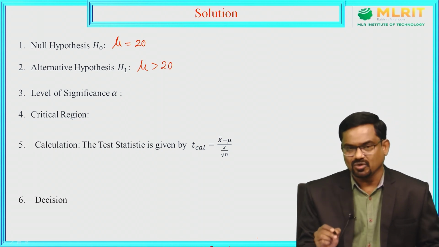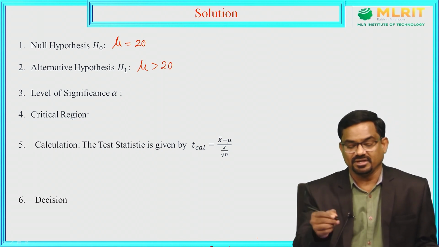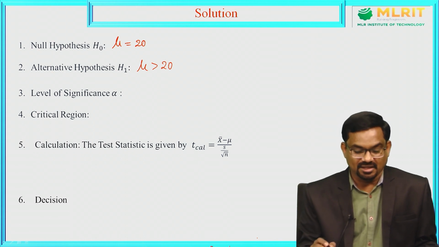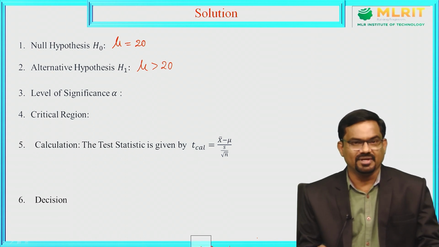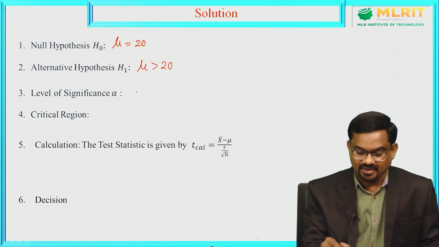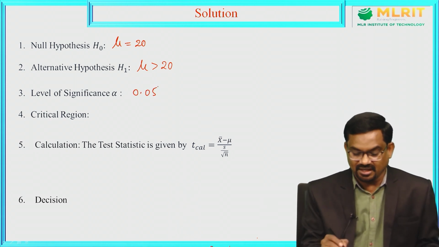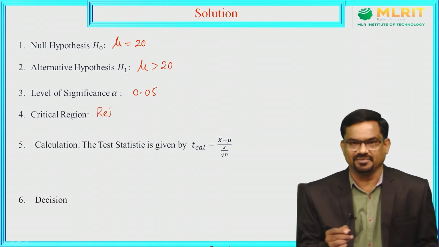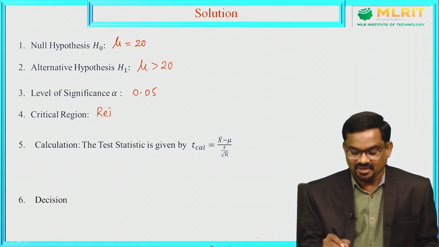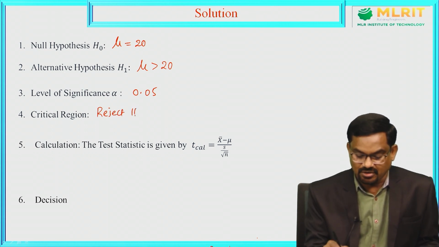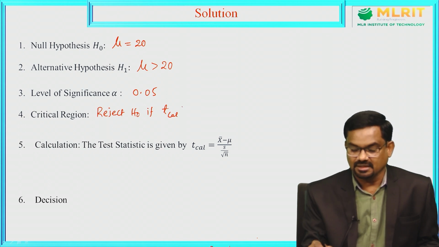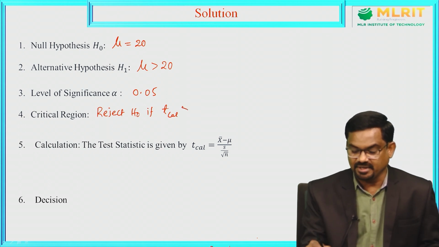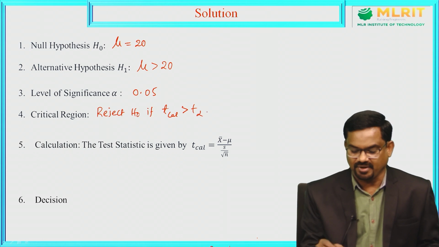So that is why here we consider the alternative hypothesis as the greater than type, mu greater than 20. If they take more than 20 minutes, then we can reject the null hypothesis. The level of significance is given as 0.05, 5% level of significance, and the critical region conditions are similar to those we used in the case of the Z test for large samples. So reject H naught if T calculated, since it is the greater than type, is greater than T alpha.